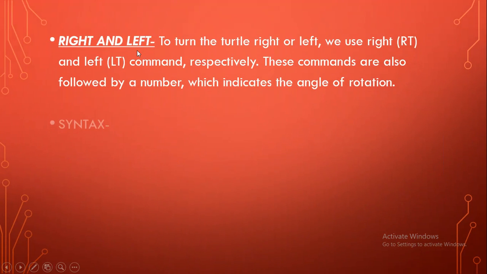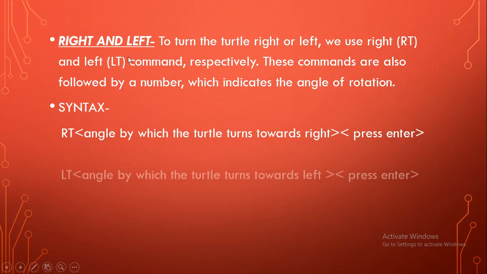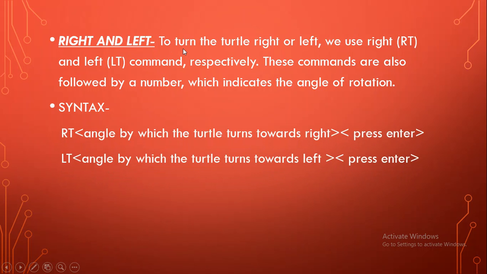Now the next one is right and left. These are other commands. To turn the turtle right or left, okay, we can use the right and left commands respectively. The short form of right is RT and for left LT. These commands are also followed by a number which indicates the angle of rotation.